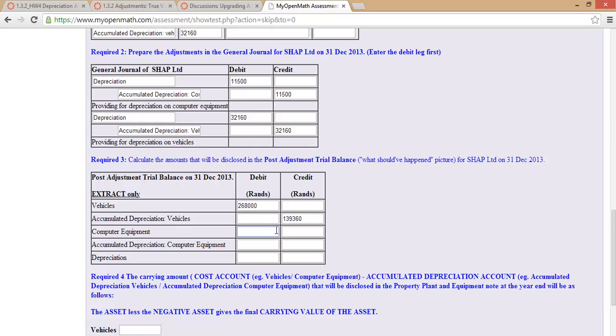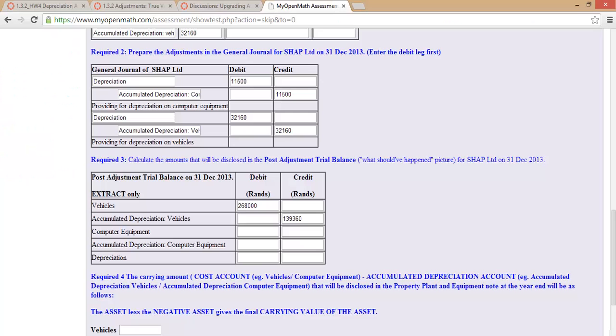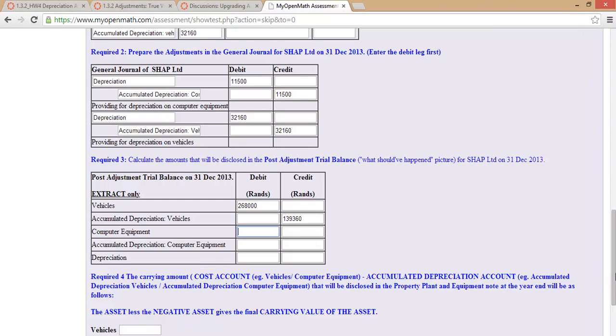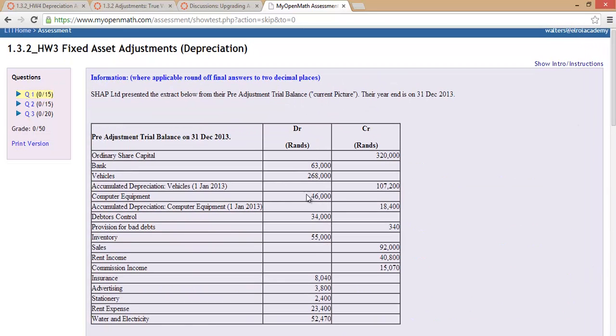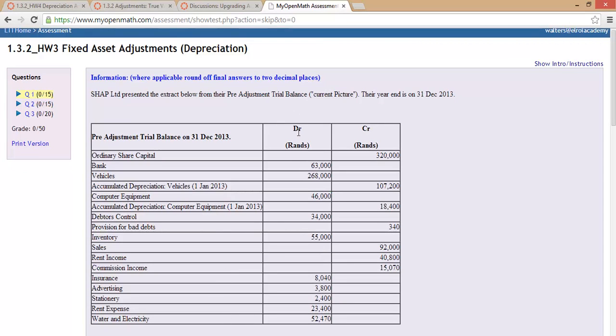Computer equipment, the cost is going to be the same as the opening cost. The opening cost for computer equipment was 46,000 Rand, and that is on the debit side. If you have a look here, that is on the debit side because it's an asset.